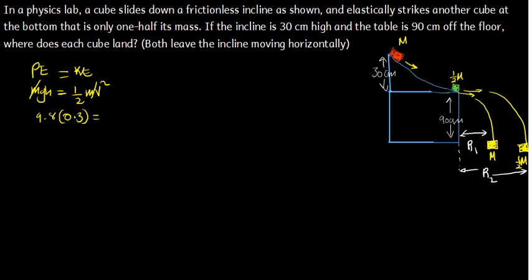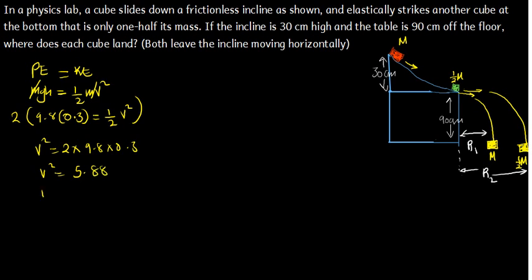Then we have half v squared. We can multiply everything by 2 so that v squared remains alone. That gives v squared equal to 2 multiplied by 9.8 multiplied by 0.3, which is about 5.88.